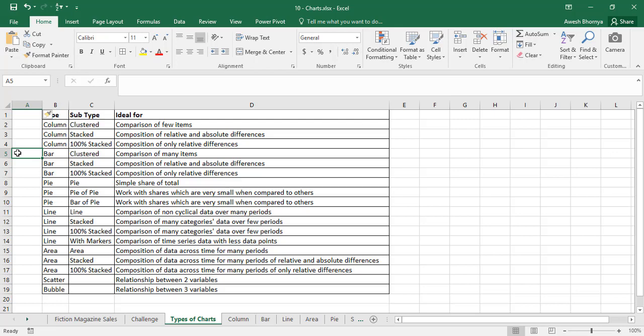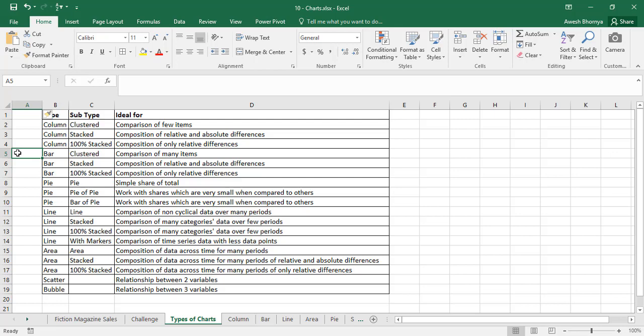Stacked area charts are used for a composition of data across time for many periods of relative and absolute differences. And the 100% stacked area charts will be used for composition of data across time for many periods of only relative differences. So stacked charts will be used for relative and absolute differences, whereas 100% stacked charts will be used only for relative differences.